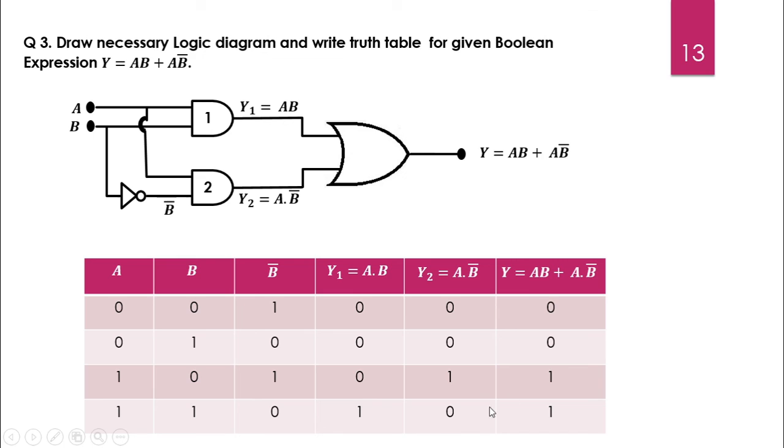Finally the output of the OR gate is AB plus A dot B complement, given by the addition of the two input variables: 0 plus 0 is 0, 0 plus 0 is 0, 0 plus 1 is 1, and 1 plus 0 is 1.